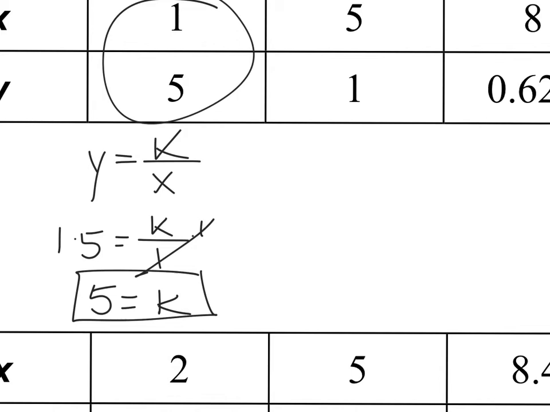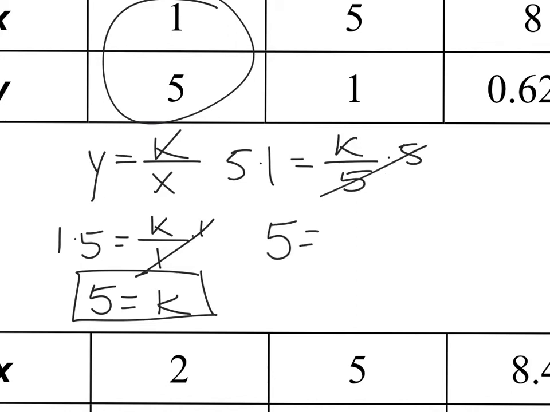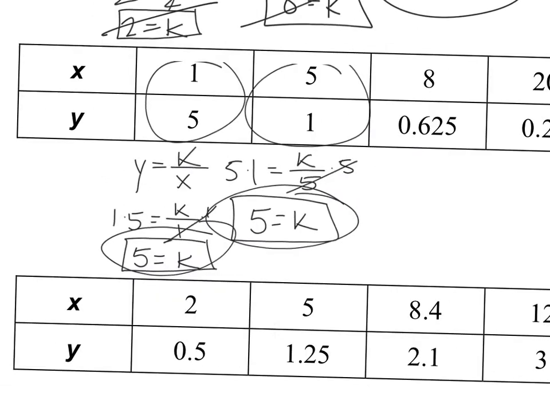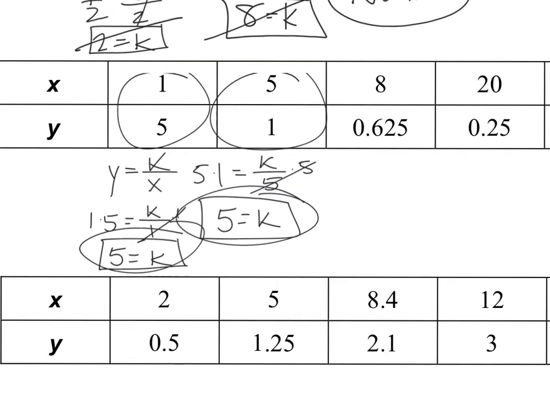So same thing, except in this case y is 1, equals k over 5. So we'll multiply by 5 to get rid of that denominator. And 5 times 1 is 5, and that equals k. And voila, they are the same. Same constant of proportionality, which means, and you can keep going with this if you want to, and keep trying the other ones just to make sure, but I'll tell you right now that they do. So this is inverse variation.